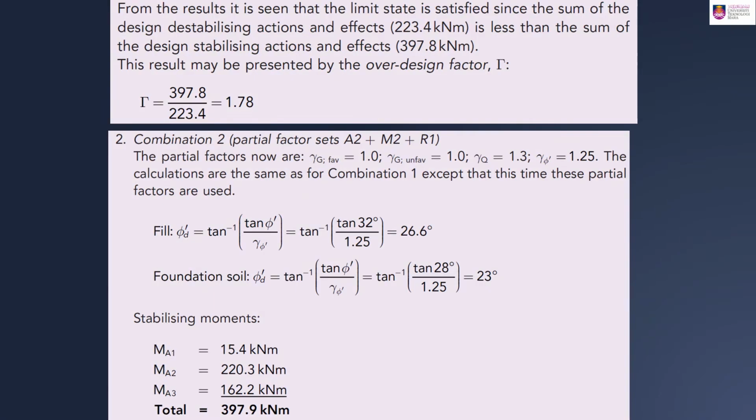From the results, it is seen that the limit state is satisfied, since the sum of the design destabilizing actions and effects, 223.4 kNm, is less than the sum of the design stabilizing actions and effects, giving an over-design factor equal to 1.78. This can also be checked by the Combination 2 approach, where the partial factor sets are A2 plus M2 plus R1.